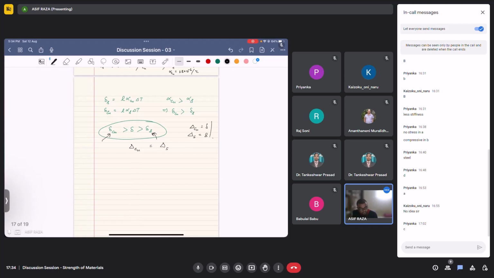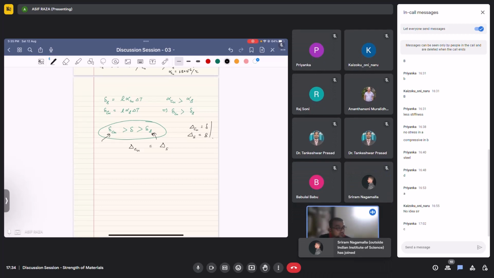Since copper had more extension but was made to compress a bit, first it would have extended by alpha Cu delta T times L. This would have been a free expansion, but it was allowed to compress a bit.